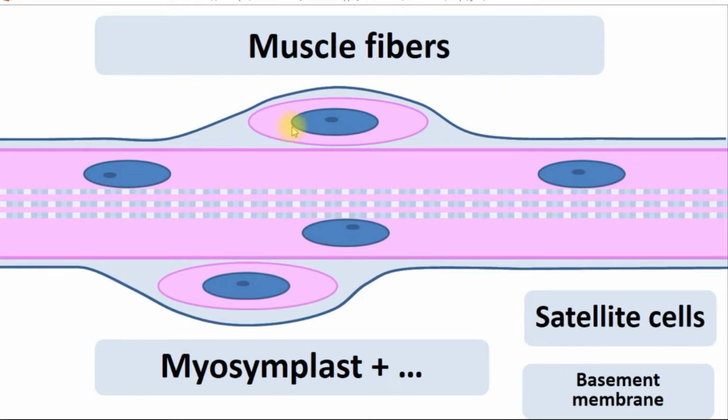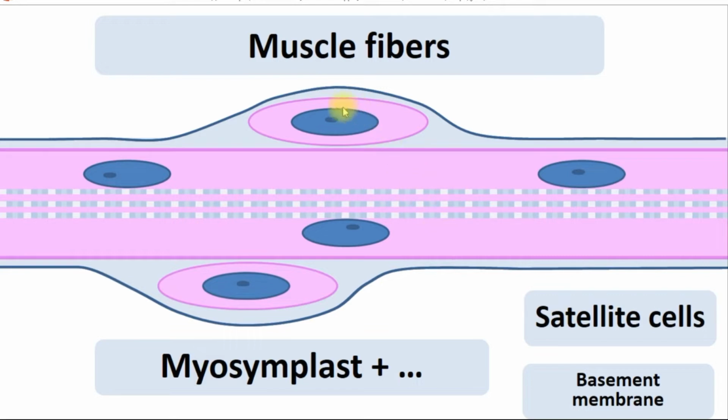They provide regeneration of muscle fibers. When myosyncytium is damaged, satellite cells may replace damaged area, and they provide regeneration of skeletal muscles. That's why regeneration of skeletal muscles is possible.